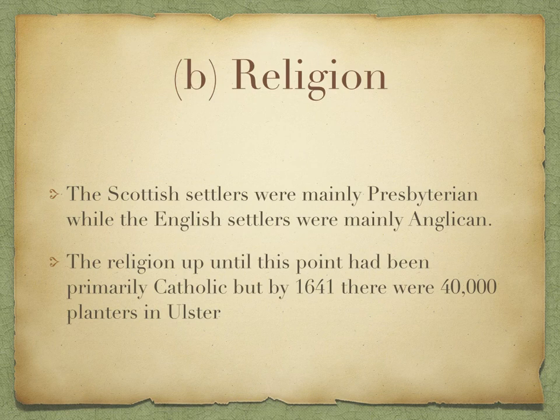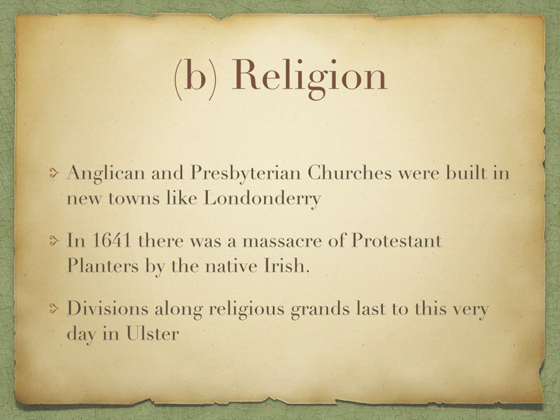As we said, the religion up until this point had been primarily Catholic, and in 1641 there were 40,000 planters in Ulster. So you're taking this environment, this ecosystem, and you're pushing in this new religion, these new kinds of people.